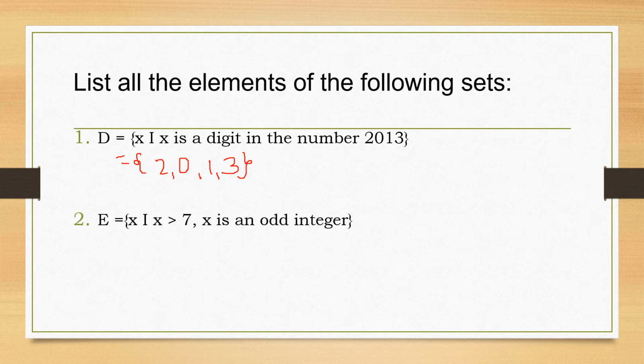Okay, so we have set A with elements x, such that x is greater than 7 and x is an odd integer. Okay, so odd integers which are greater than 7. We can write 9, 11, 13, 15, 17, and so on and so forth.